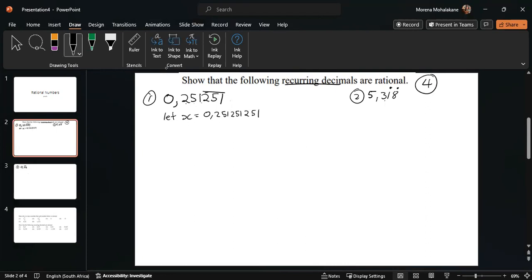Then I need to multiply so that the numbers coming after the decimal are the same. If I multiply by 10, I'm going to move the decimal point, and the answer is going to be 2.51251, so it's not really the same as this one here.